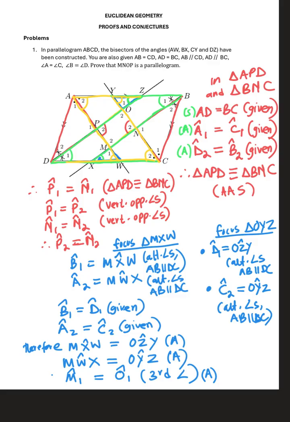So triangle MXW is similar to triangle OYZ, reason: angles. And when triangles are similar, they have the same corresponding angles and their sides are in proportion.